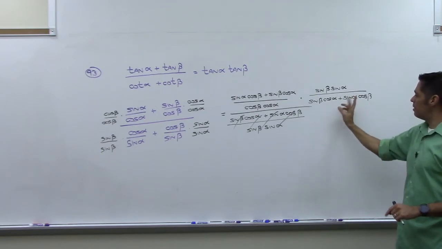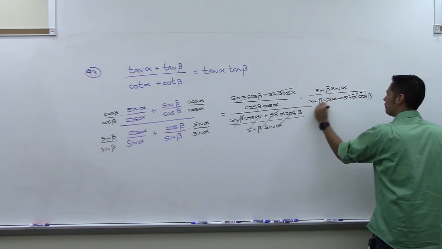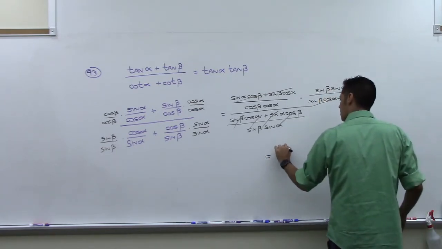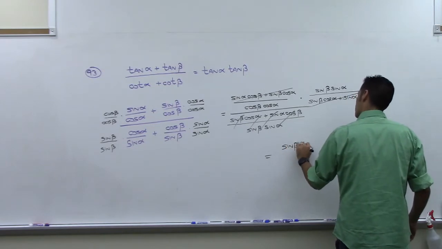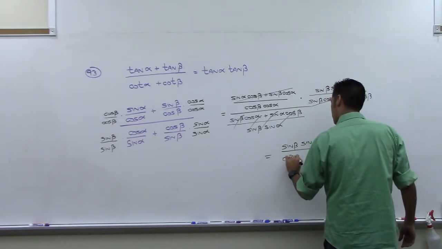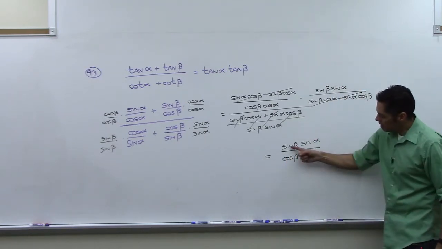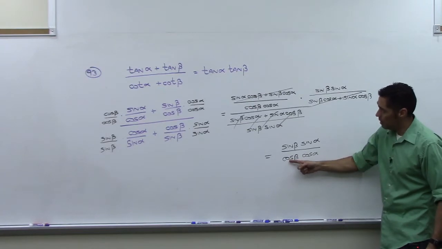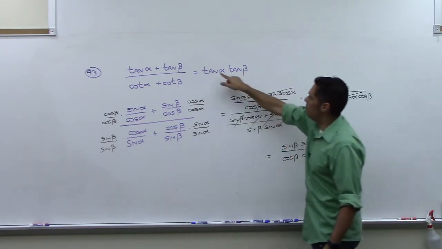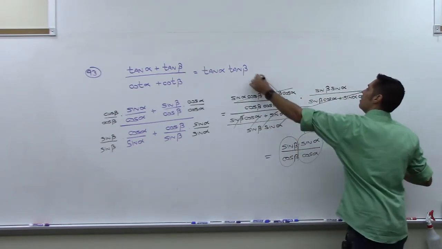So these are identical. They're flipped order, but they're identical. So this and this cancel. And what I'm left with here is this on top, sine beta sine alpha over cosine beta cosine alpha. And look at this. Sine beta over cosine beta is tangent beta. And sine alpha over cosine alpha is tangent alpha. So this is tangent beta times tangent alpha. Checks out.